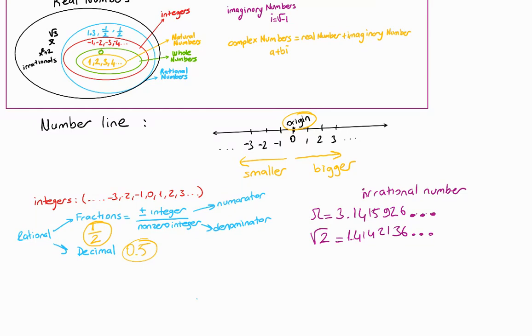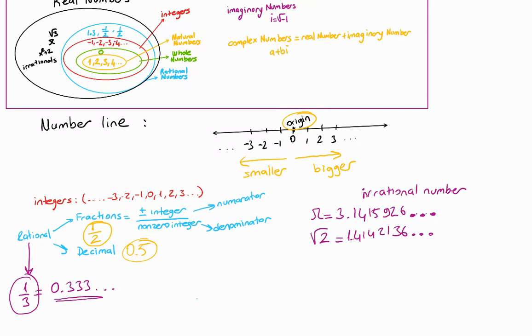If we can express it as integers, like fractions, it's rational. For example, the rational number 1/3 is 0.333 and 3 dots. But these 3 dots are different from those of the irrational numbers because we can express this number as a fraction like 1/3.